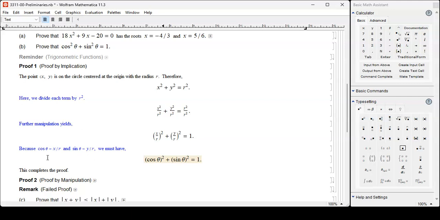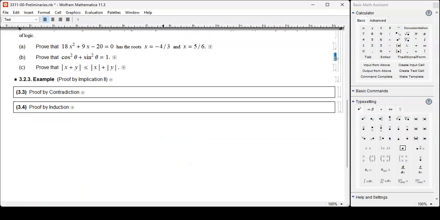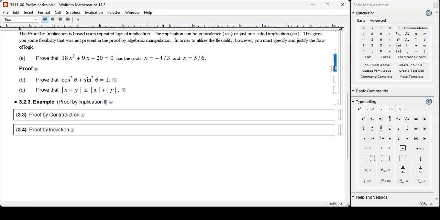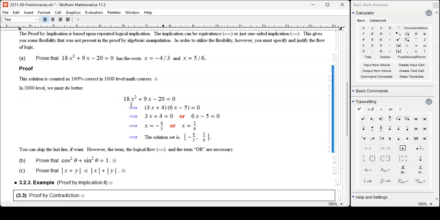This is another example of proof by implication. Here in the previous proof, I used logical implication, double arrow here, because this was simple. But in many cases, we want to be a little bit more specific, how these things are implying one to the other, and the reasoning, and so on and so forth.